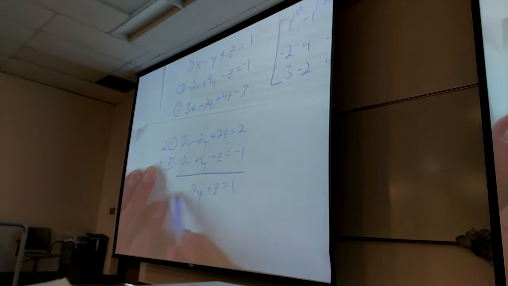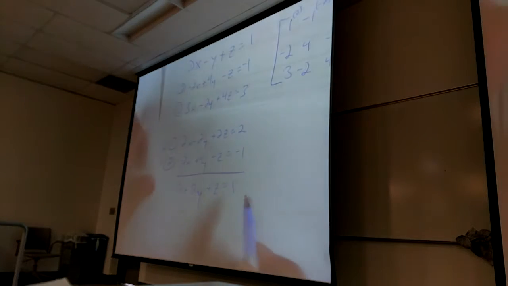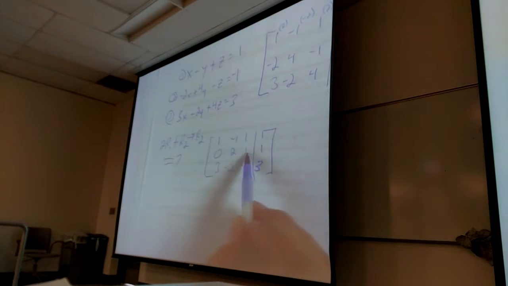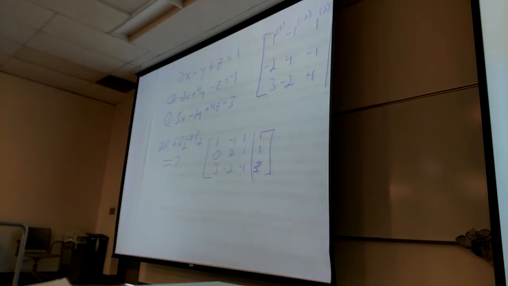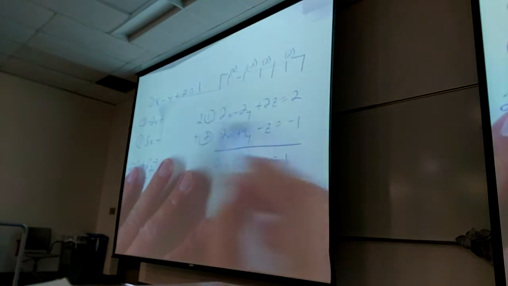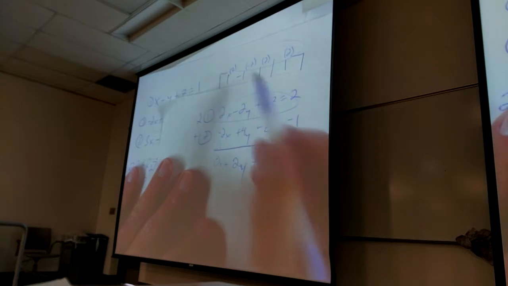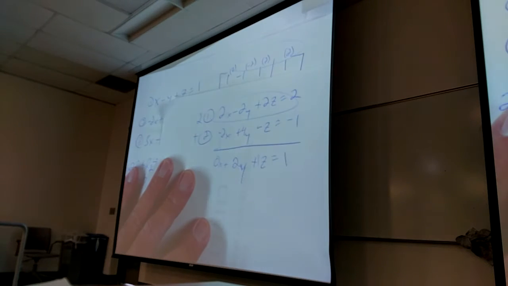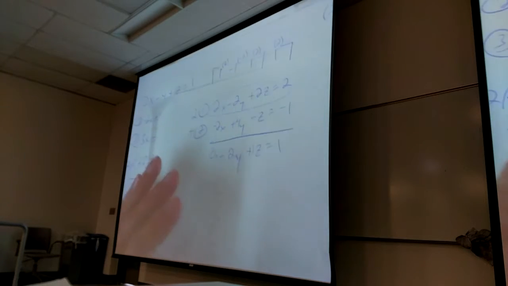So how many x's are in this equation? It's like 0x plus 2y, so it's 0, 2, 1, 1. Of course it is, because when I did this here, that's the same thing as this here. You guys see that? The rows are the equations.